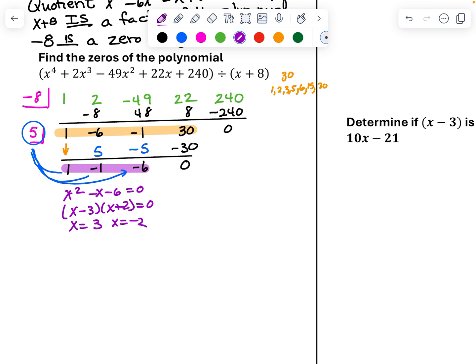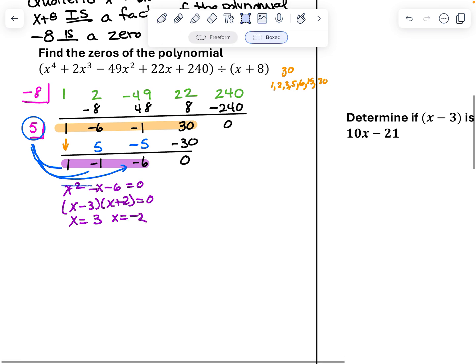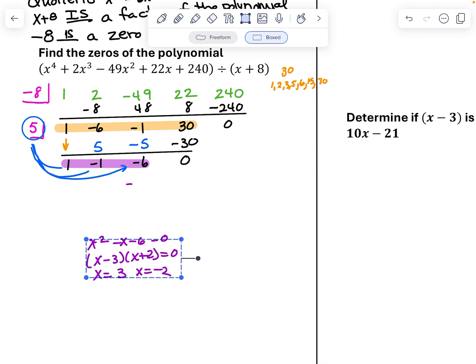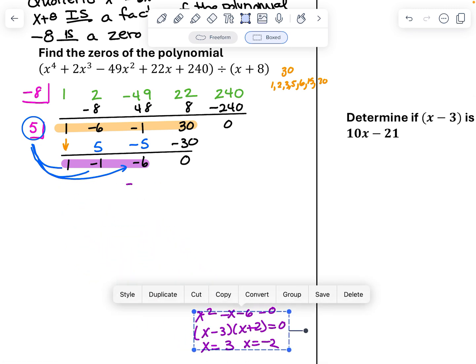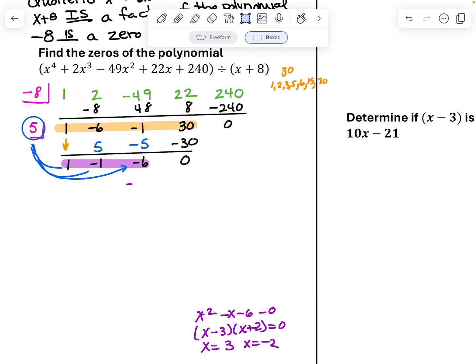I could do that if I wanted to. But let's say that I didn't know that, or for whatever reason I didn't want to go that route.